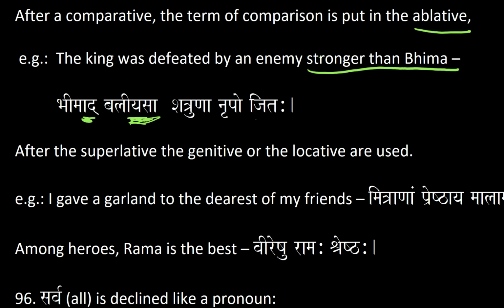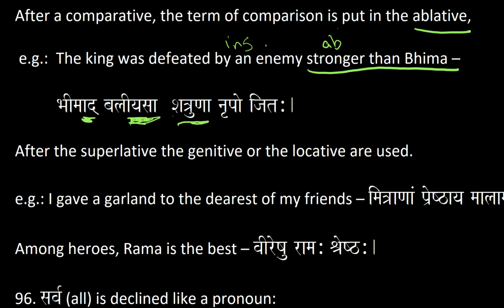So was defeated. The king is in the nominative case, and then shatruna, by an enemy. So this is by an enemy, that's instrumental. However, an enemy stronger than Bhima. Stronger than Bhima would be ablative.